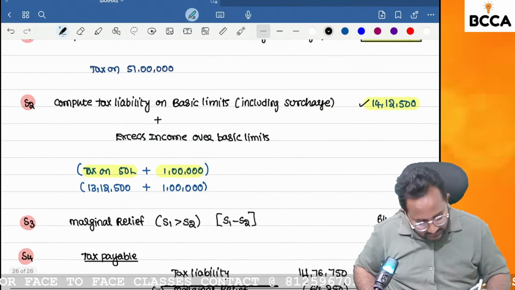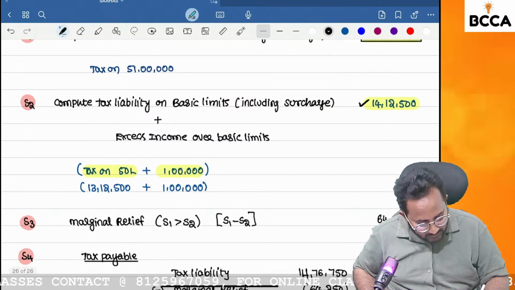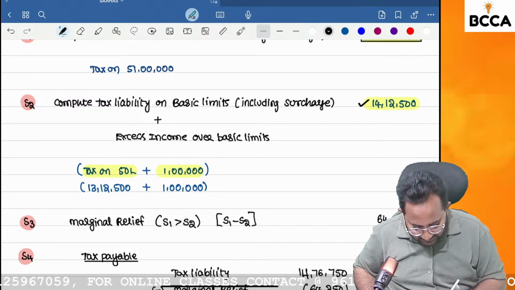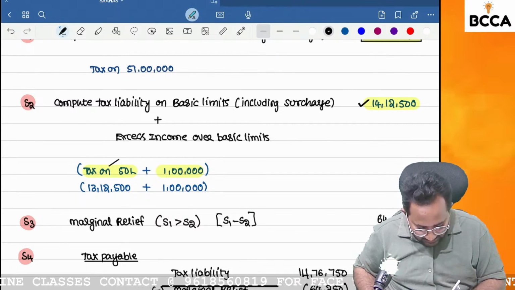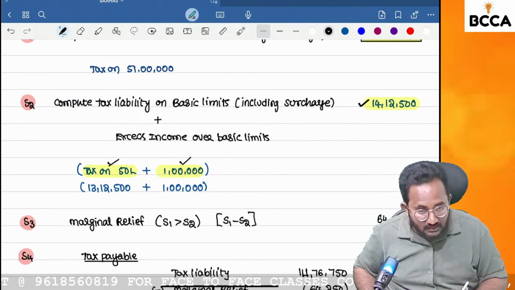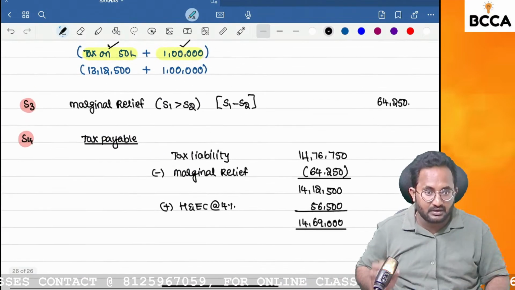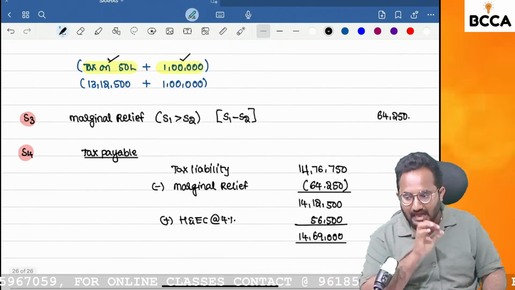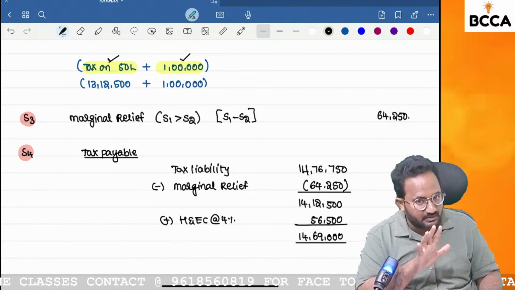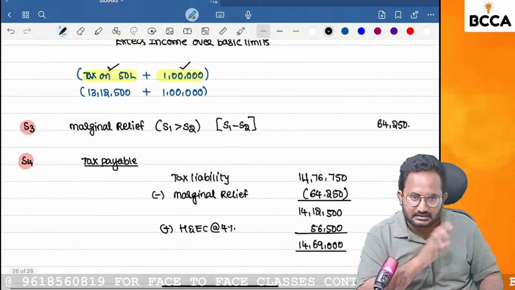So nothing but step 2 only we have to pay. That means they are collecting the tax on 50 lakh and additionally asking for tax on the additional income. Plus we have to add health and education cess. That is the final tax liability you will get after the marginal relief. So right now you can ask.